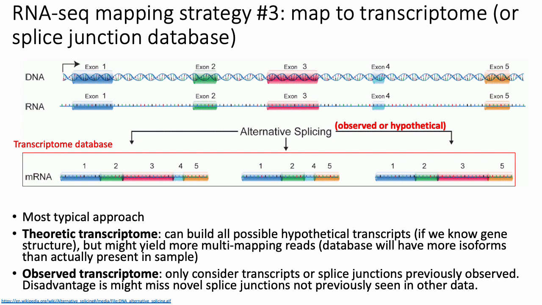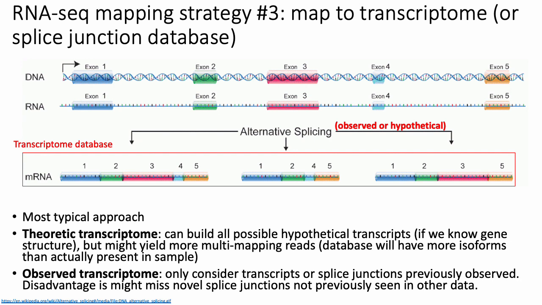But the disadvantage of the observed transcriptome database is that you might miss novel splicing events that weren't previously seen in other data, right? And so basically, yeah, there's advantages and disadvantages to both the theoretic and observed approaches, and both of these approaches are used in practice.